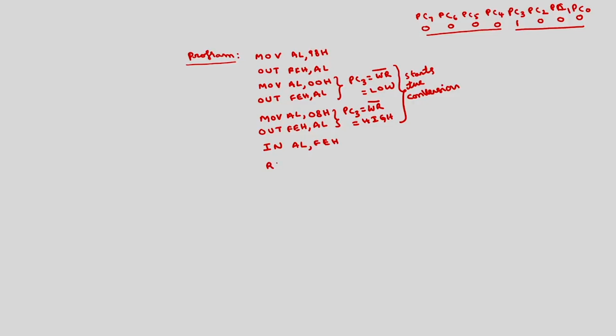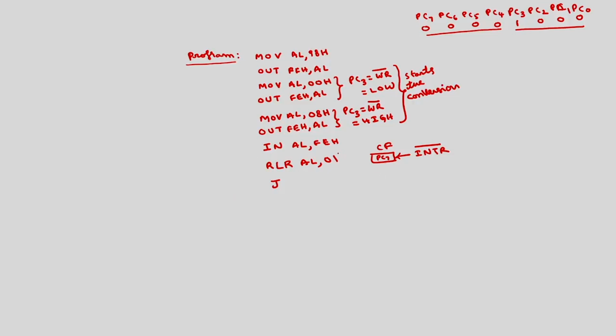Rotate left accumulator, RLC AL, 01, so that the MSB bit will come onto the carry flag. This is PC7, which is the status of INTR bar. If this is 0, do not jump on carry. If this is 1, that means carry, so the conversion is not yet over and you have to wait here itself.